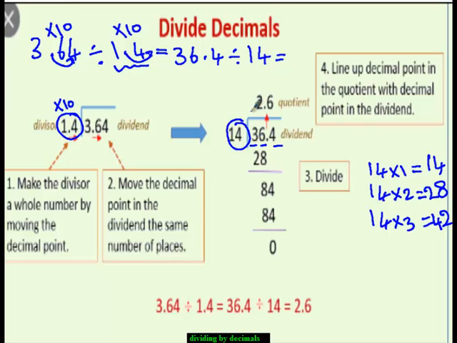The decimal goes after the second place from the left, so the decimal is in its place.